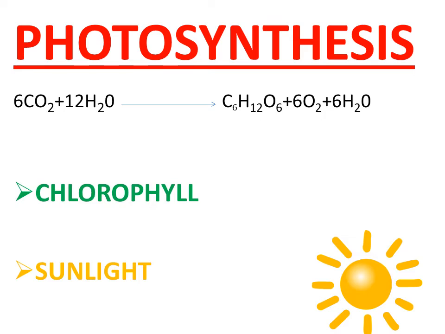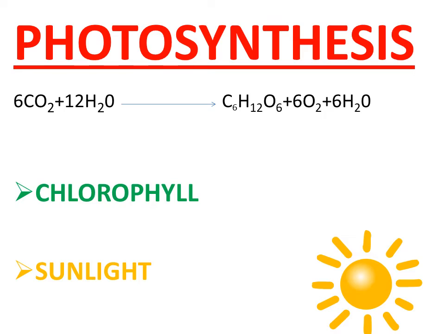The equation is in front of you: 6CO2 plus 12H2O in the presence of sunlight and chlorophyll gives C6H12O6, which is glucose, that is a carbohydrate, with oxygen, which is necessary for the environment, plus some water.